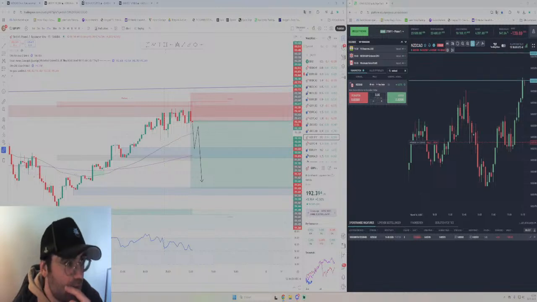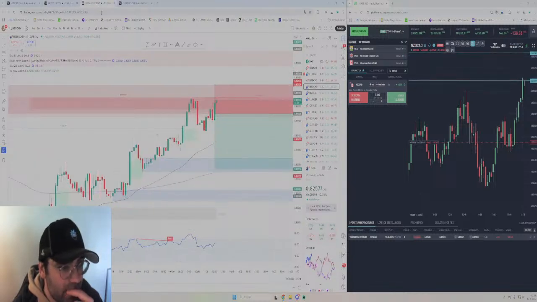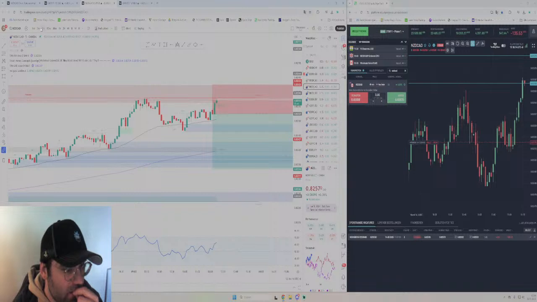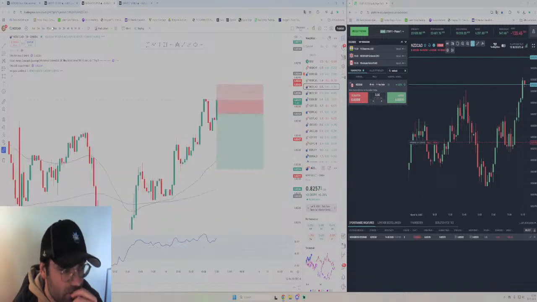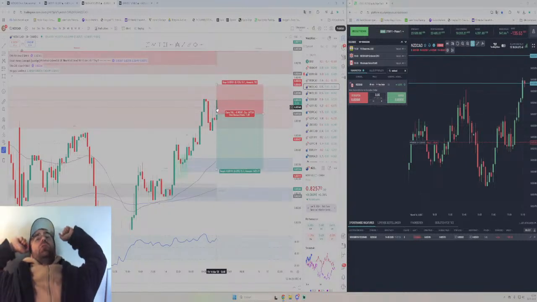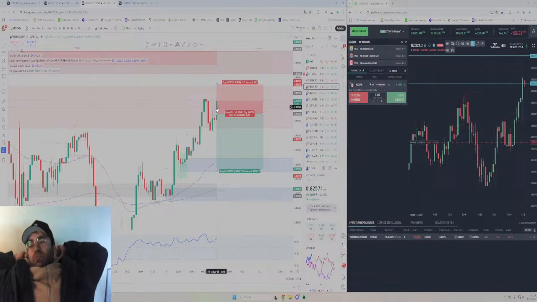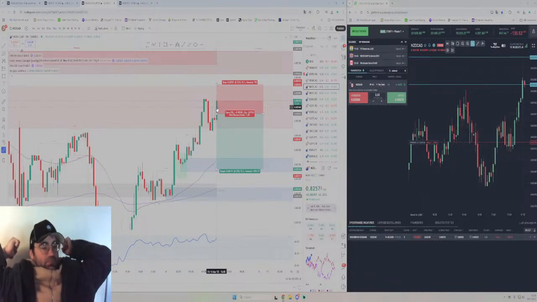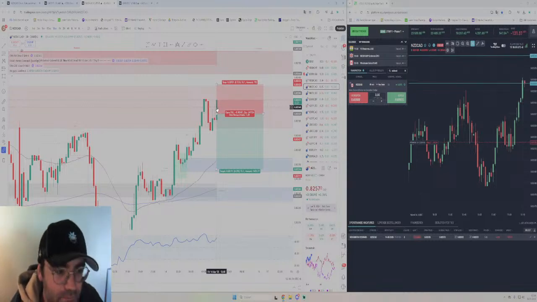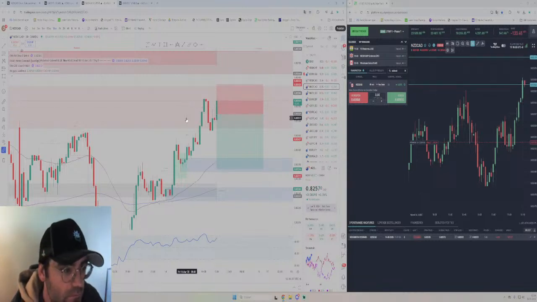Why is my trade exploding in the wrong way? Completely rejecting the doji. Completely disrespecting it.